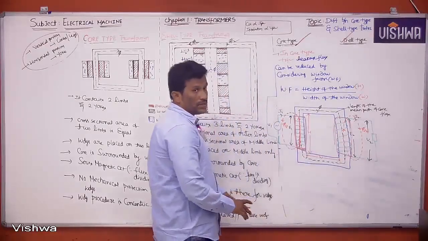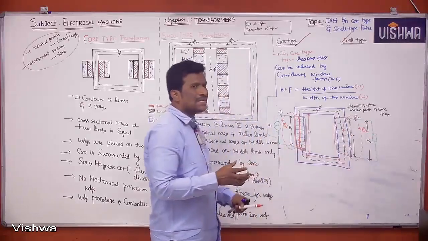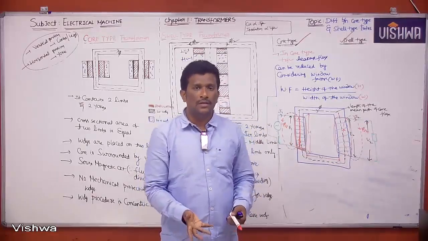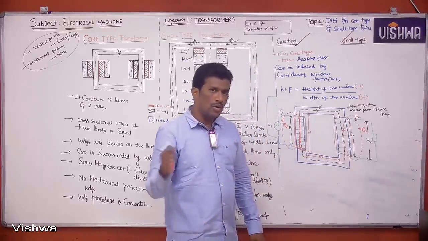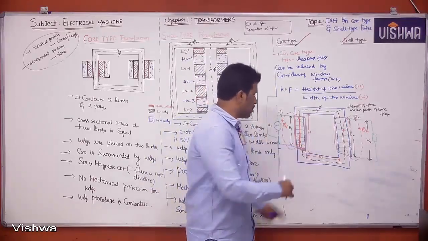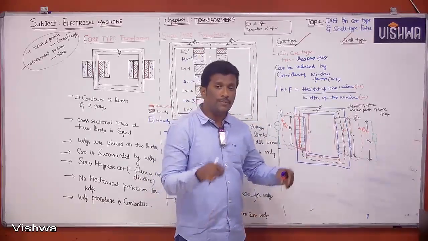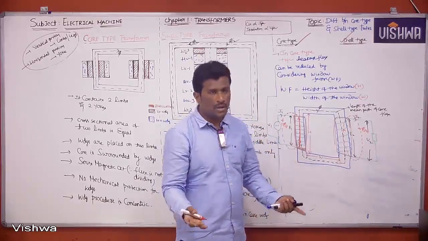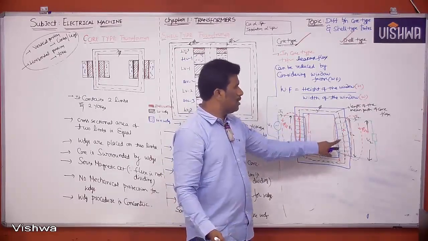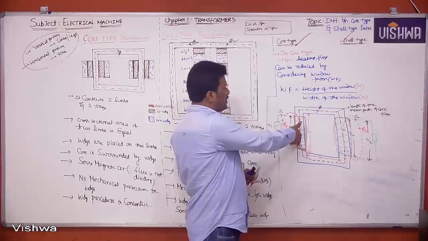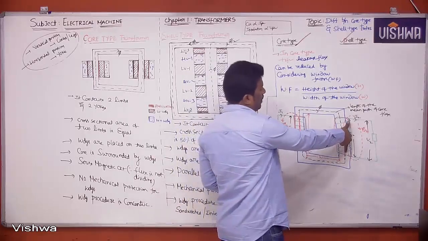But whereas core flux goes from here to here to here to here. Leakage flux interacts with only the primary winding. Then why are you taking this length and this length also? No. Core flux will link with both primary and secondary, so you can take from here to here to here to here. But leakage flux links with only the primary winding or the secondary winding, but not both. In primary side, phi L1 links with only the primary winding, it will not come to the secondary winding. So leakage flux path means only this much length you should take, and in the secondary, only this much.